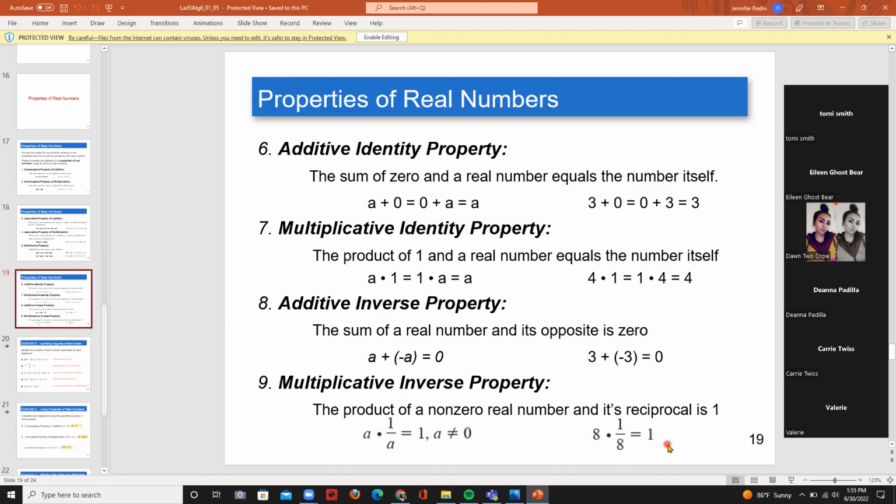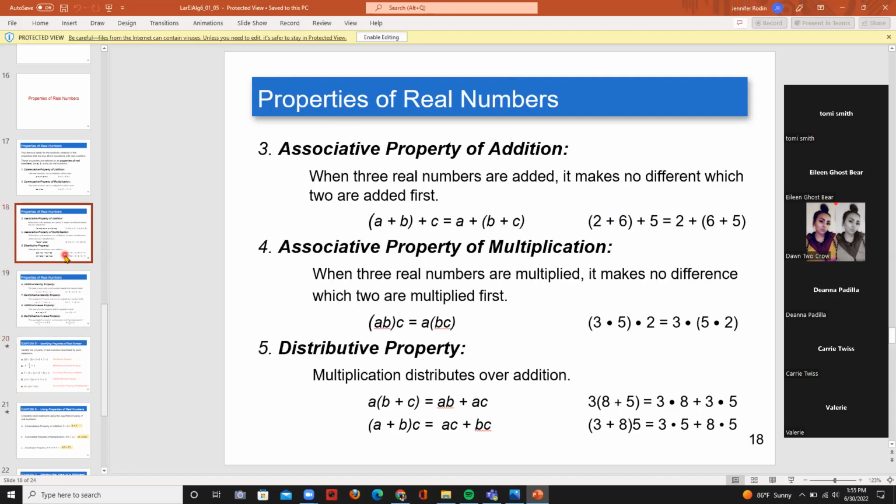So you'd only have 1x left. 1x equals 4 is what you'd have left. So those are used all the time in algebra. And we're just about to dive in with chapter 2 tomorrow. So that'll be fun. And I'll use that language as we go along.